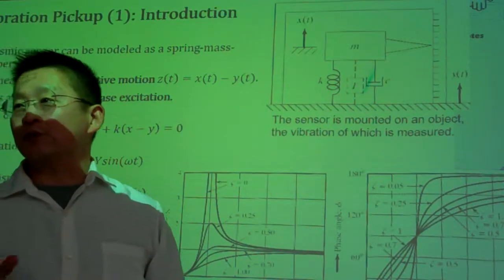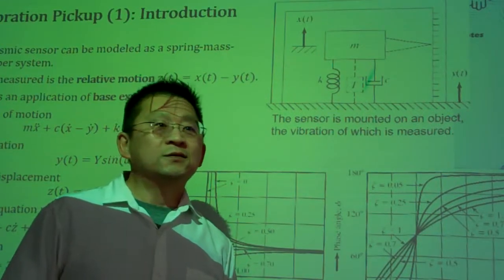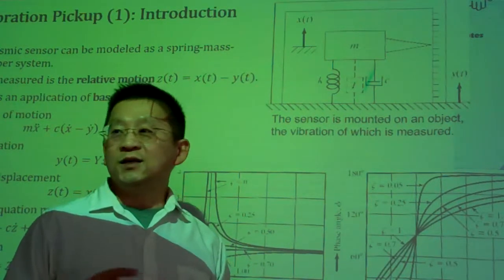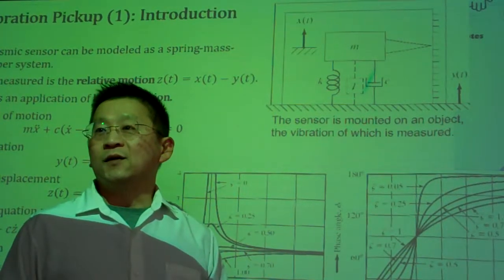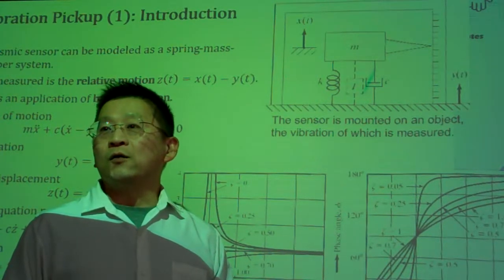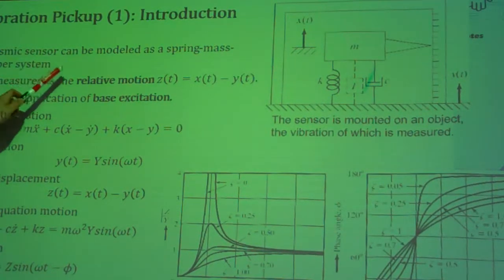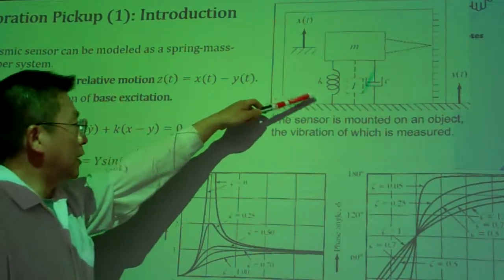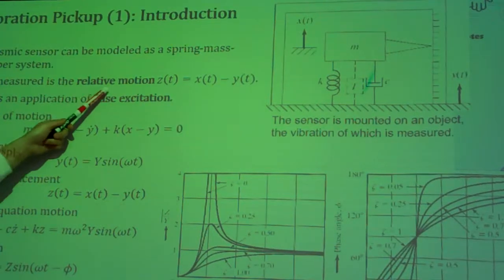The sensor's reading is to pick up the relative displacement. This is the key information in these applications, so keep this in mind. For example, for sensors, we model them as a single spring system, and what is measured is relative motion.